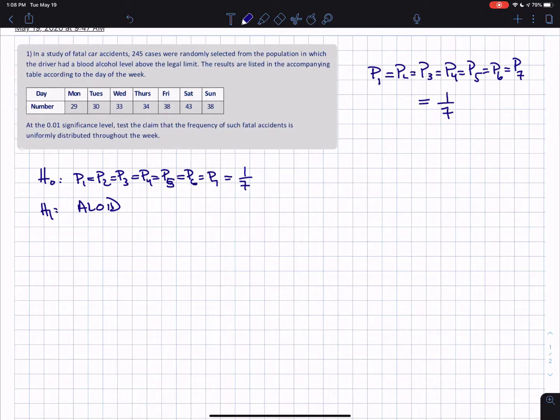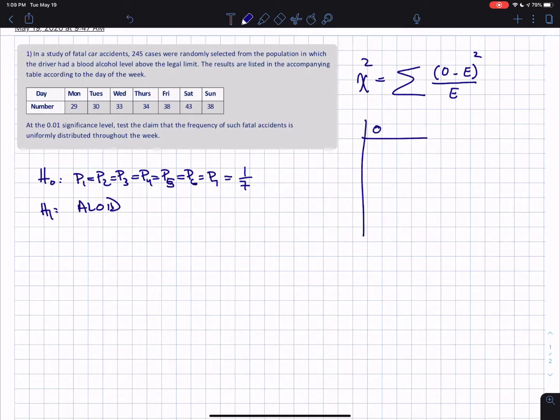Now my step two is calculating the test statistic. As you've seen, the test statistic in the goodness of fit test is a chi-square formula. It's the summation of observed frequencies minus expected frequencies, quantity squared, divided by expected frequencies. So every time you see a process like that, you immediately realize that requires a table. Now, you could do it with pencil and paper, which is what people used to do 50 years ago.